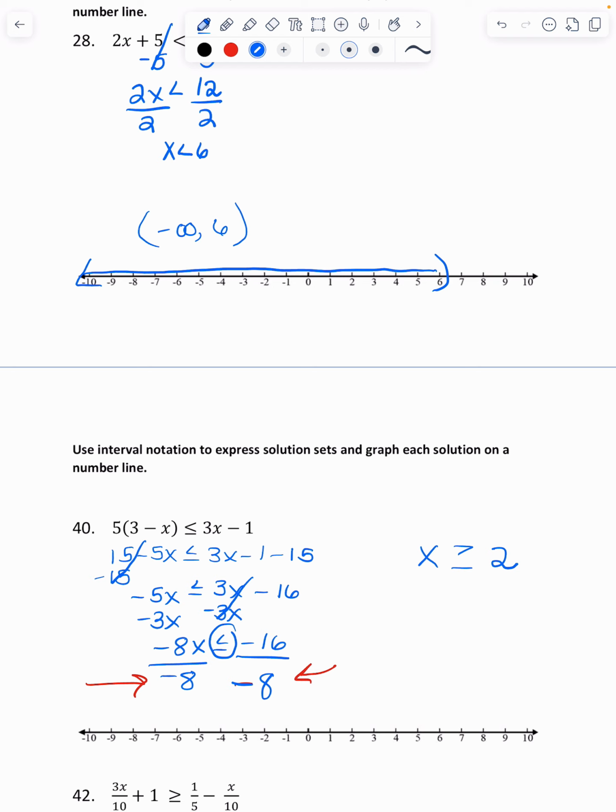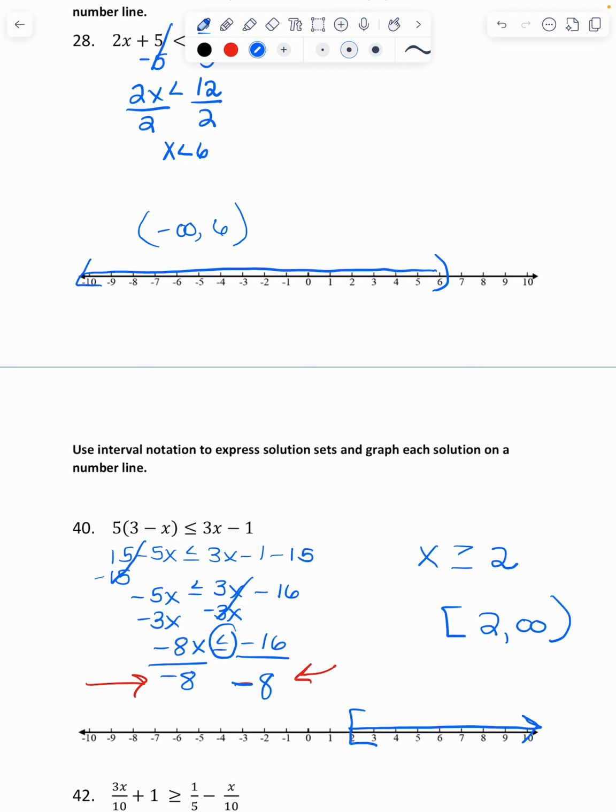So if I graph all the numbers greater than or equal to 2, I would start at 2. And so once you look at the graph, it's really easy to write the answer in interval notation. I'm beginning at 2. I'm going toward positive infinity. Positive infinity always has a parentheses.